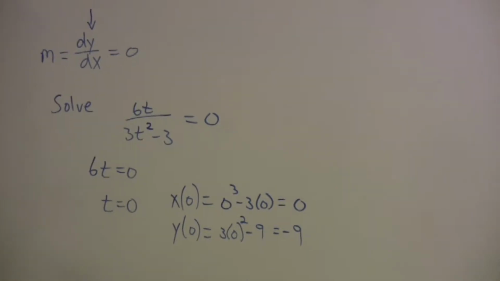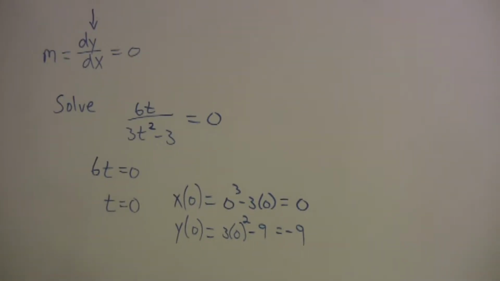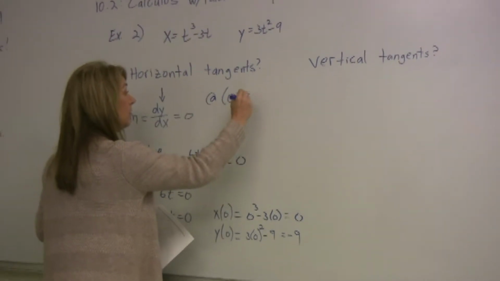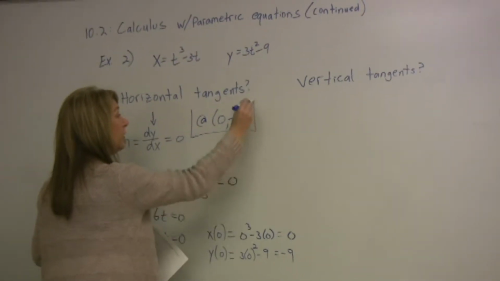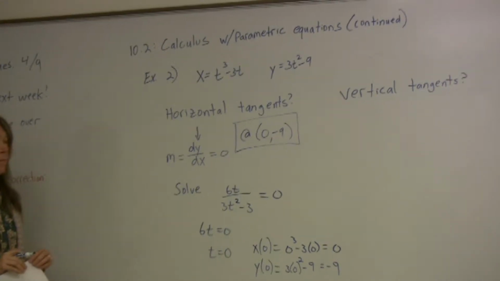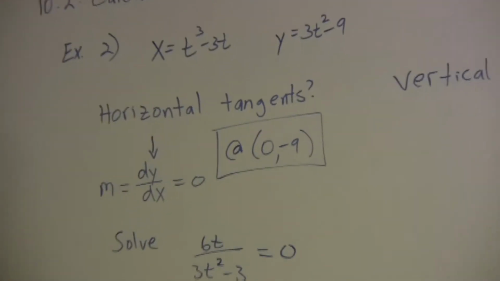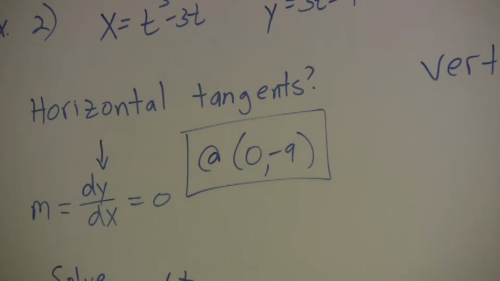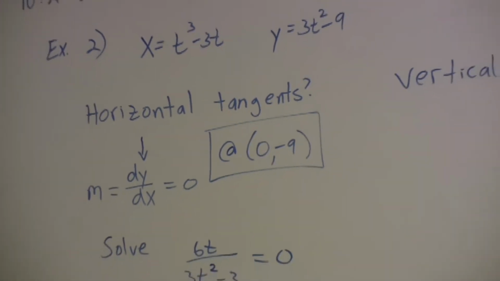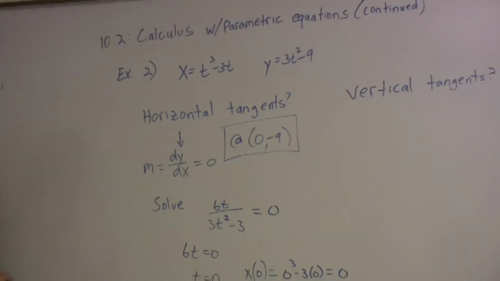So where does it have a horizontal tangent? At (0, -9). This is the point where it's going to have a horizontal tangent. We're going to check it here in a minute. Questions there?